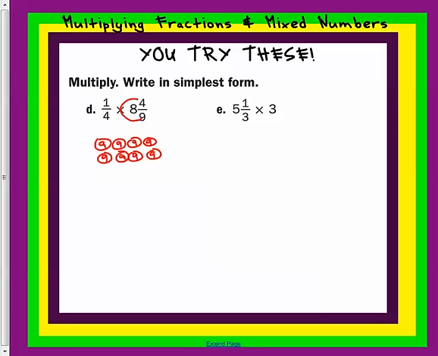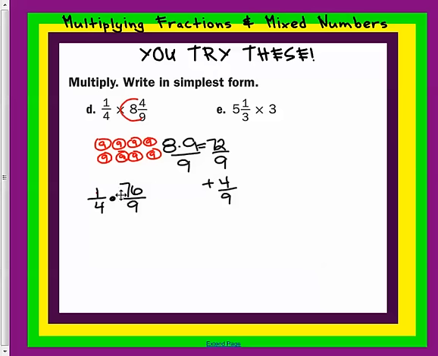Okay, so here's what I did. I brought down my 1/4. 8 times 9 is 72. So I have 72 ninths. Then I add my 4 ninths. So I get 76 ninths. Now I can multiply. I'm not doing this 1 times 76 and all that jazz.